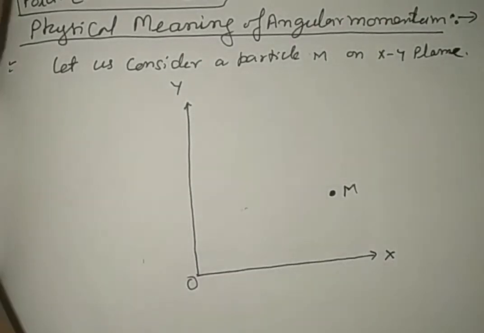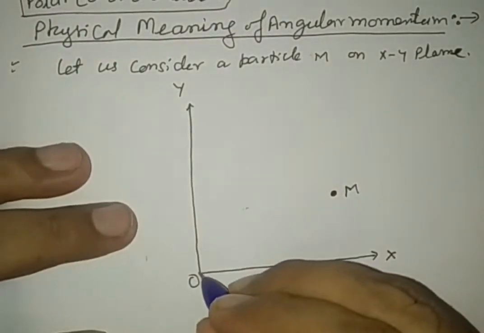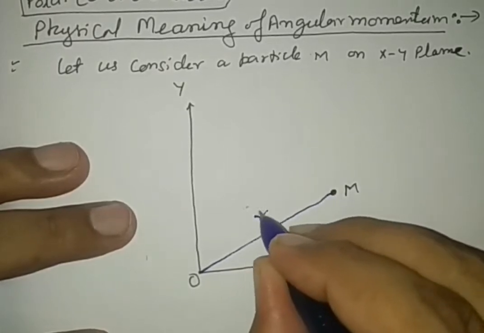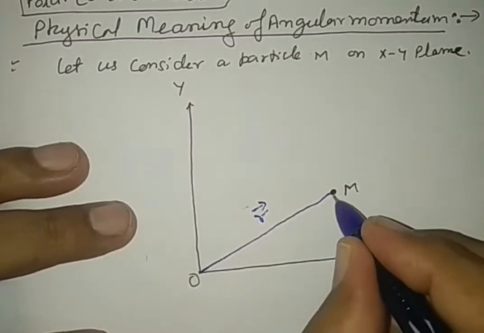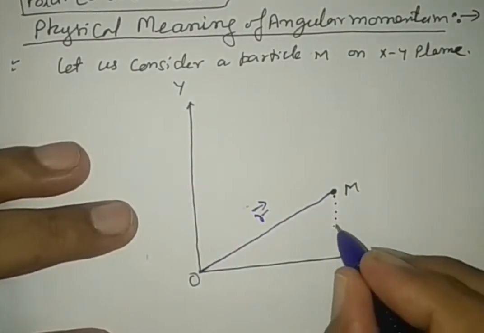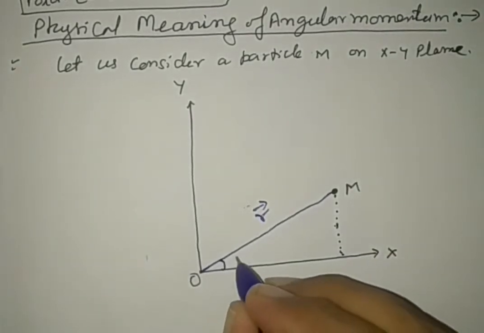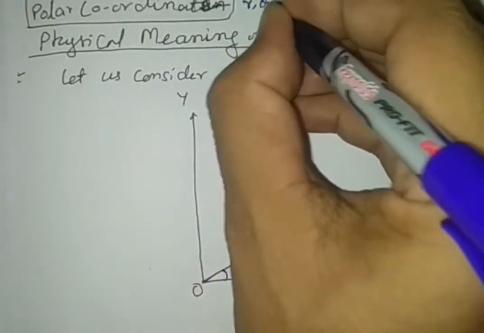And the position of this particle with respect to the frame of reference is given by r. Now we are going to obtain the projection of this. Let this angle be theta. Polar coordinates in terms of r and theta.